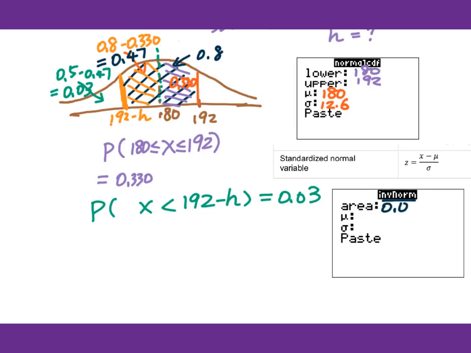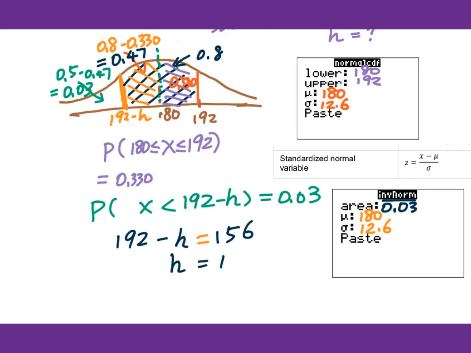This time we use the inverse norm. Area is 0.03. Mean will be 180. Standard deviation is 12.6. You will get the k value, that is 156, which means 192 minus h equals 156.